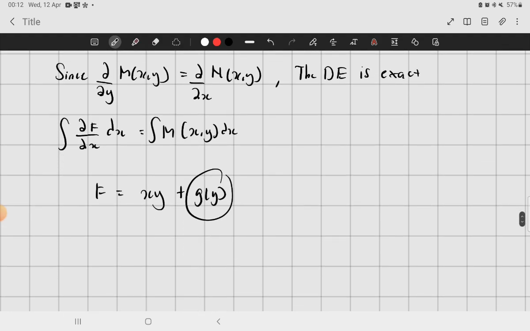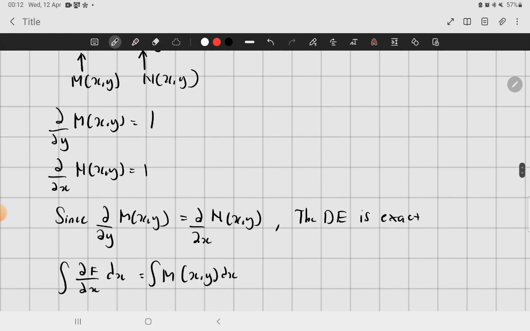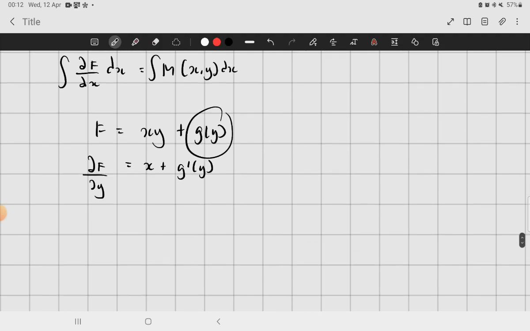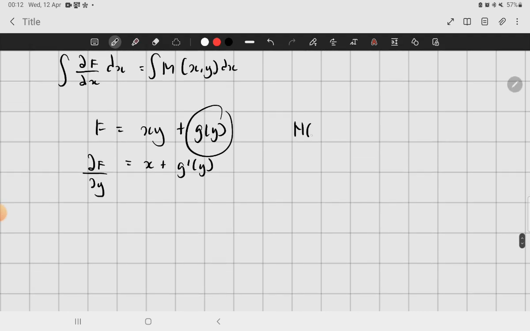So when you take the partial derivative with respect to y here, you will have x plus g prime of y. Then you compare g prime of y with the function N. We know our function N is only x, so when you compare, you are comparing with a term 0.